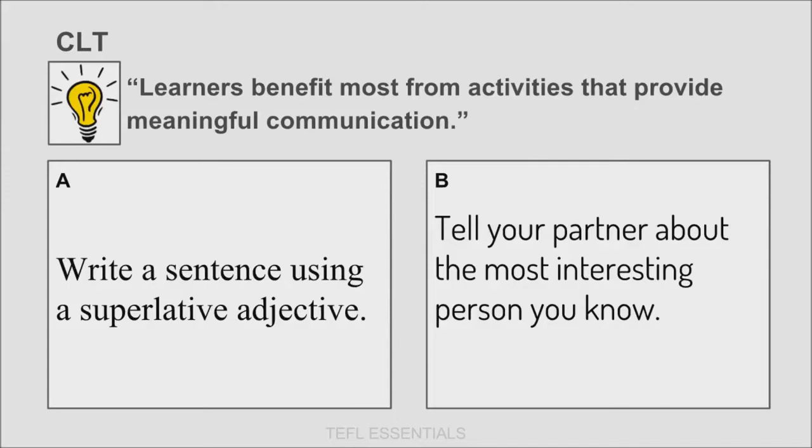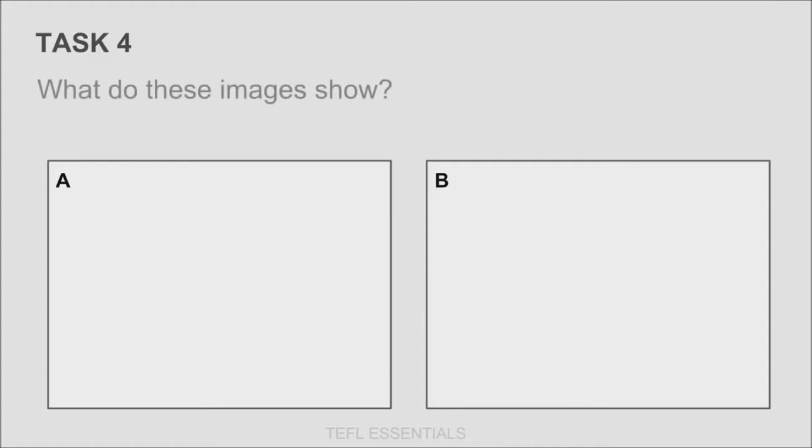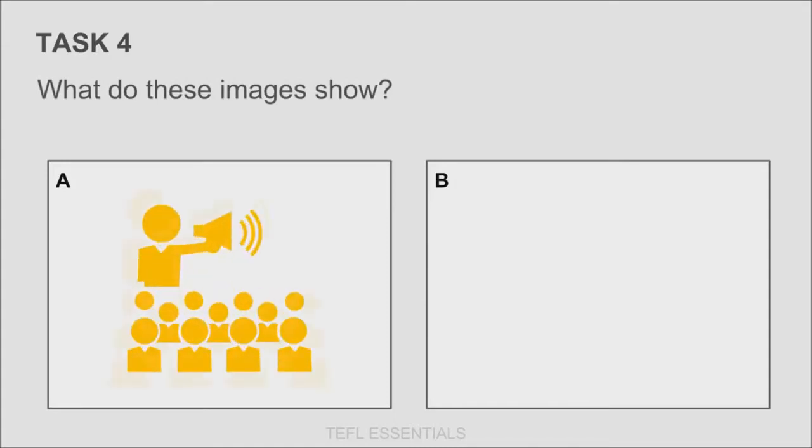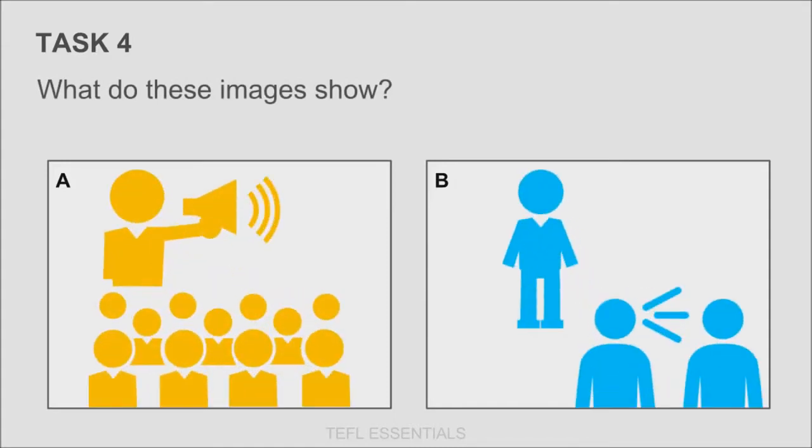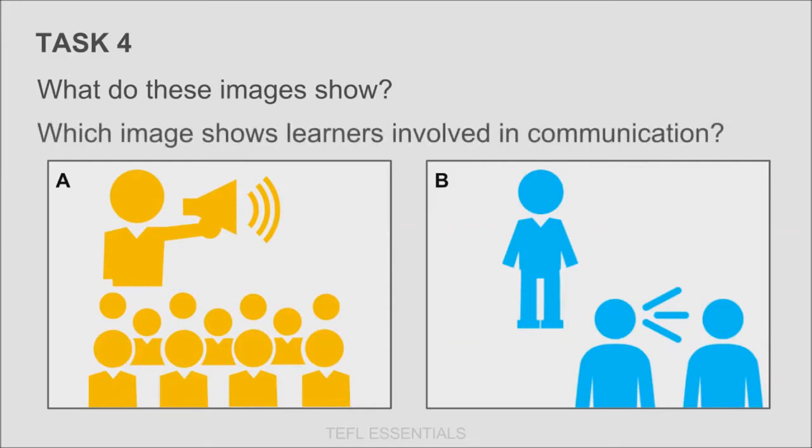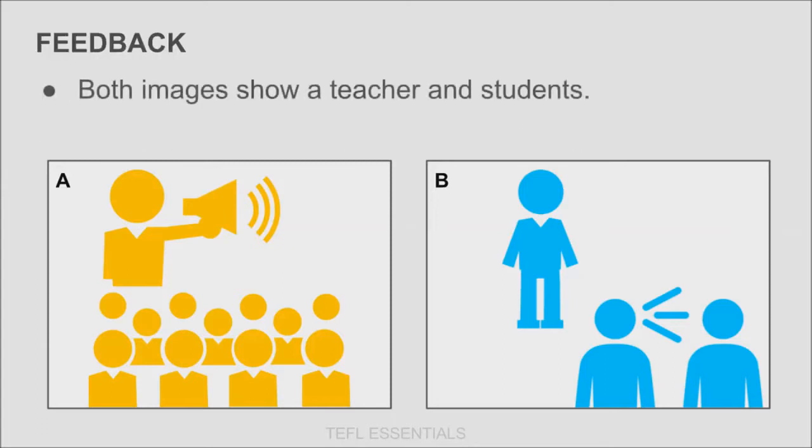And so direct practice is given in speaking, listening, reading and writing skills. And importance is given to learners' personal experiences, which are used alongside authentic materials in class. Task 4. What do these images show? Which image shows learners involved in communication? Both images show a teacher and students.